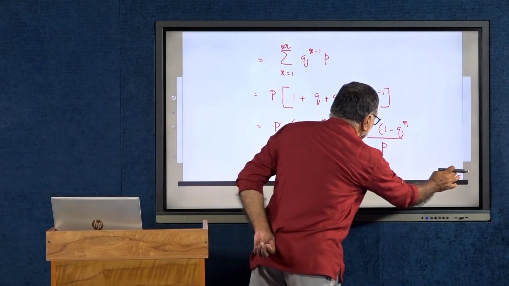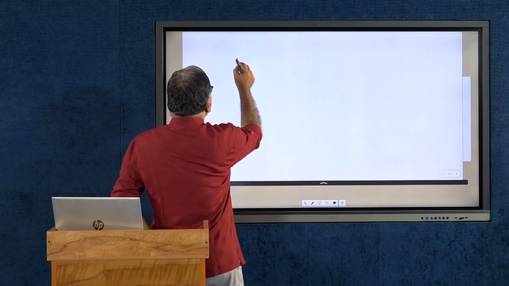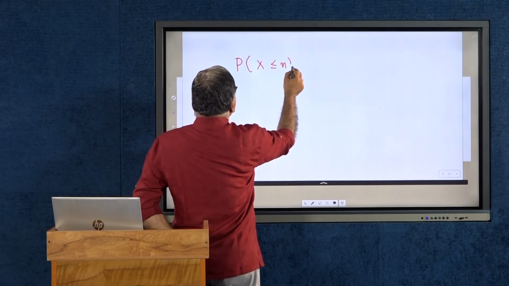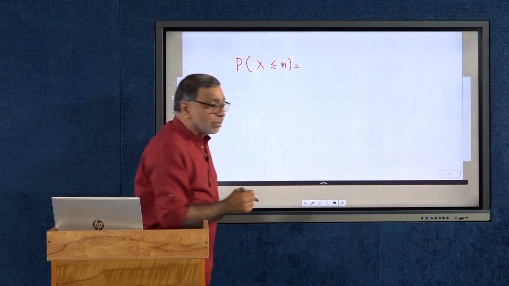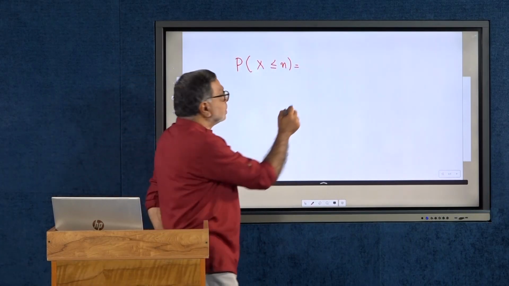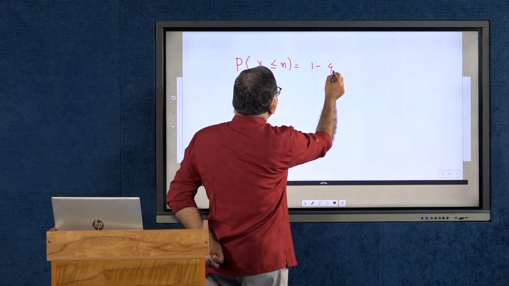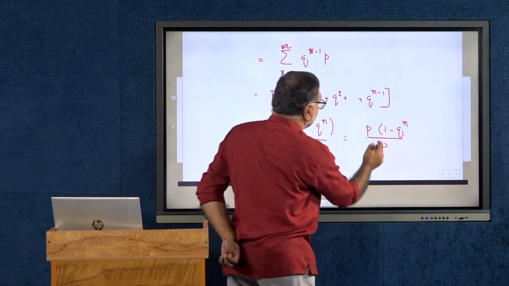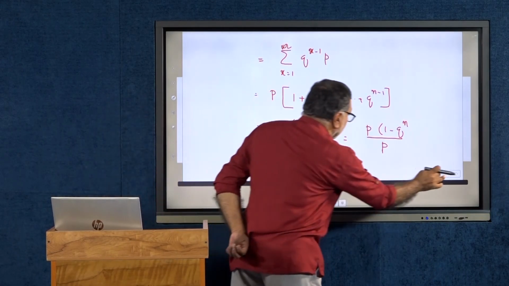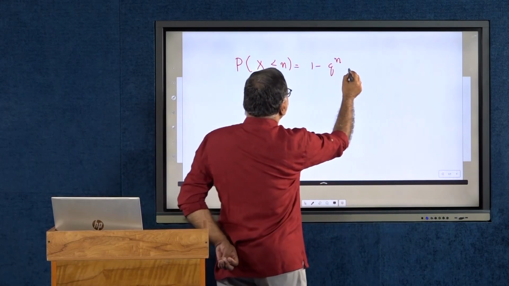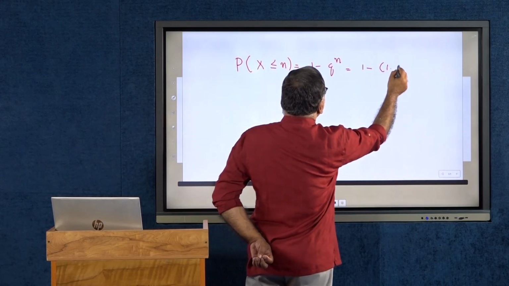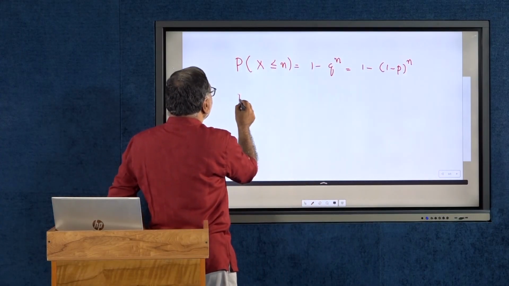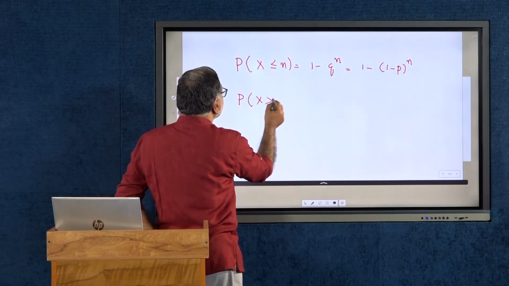So, we have established that probability of x less than or equal to n is equal to 1 minus q power n, or we can write this as 1 minus 1 minus p all power n, this way also we can write. And if it is, what is our probability of x greater than n?